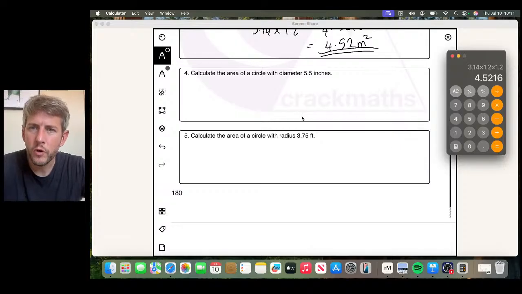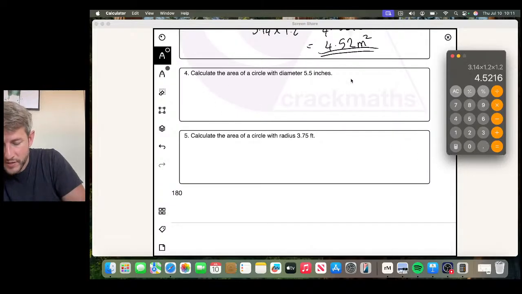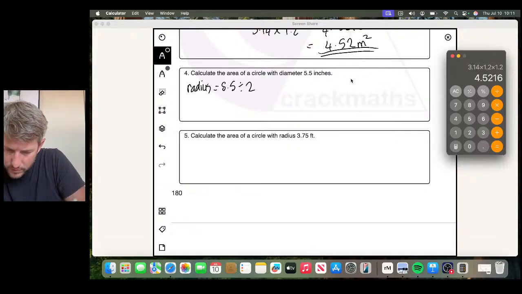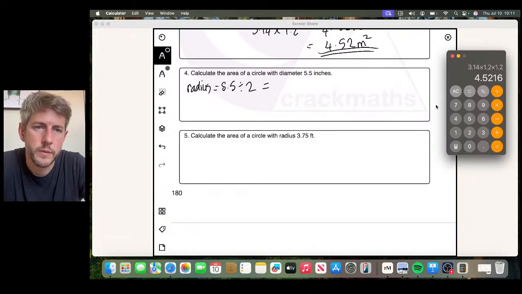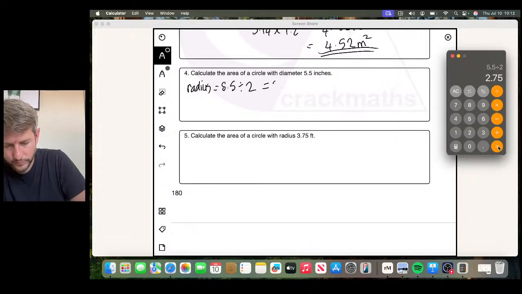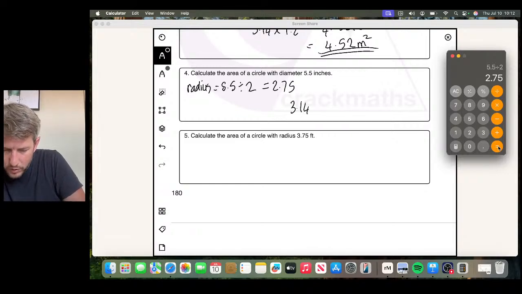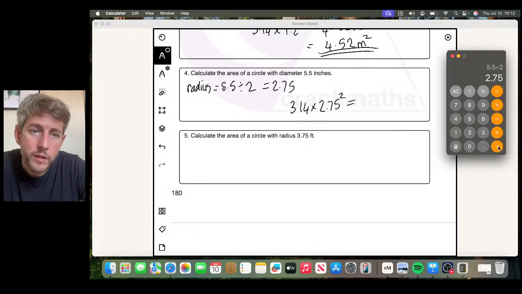Okay, question 4. Calculate the area of a circle with a diameter of 5.5 inches. So remember, first of all, we need to get the radius by dividing the diameter by 2. And then we can use the formula 3.14 times radius squared.